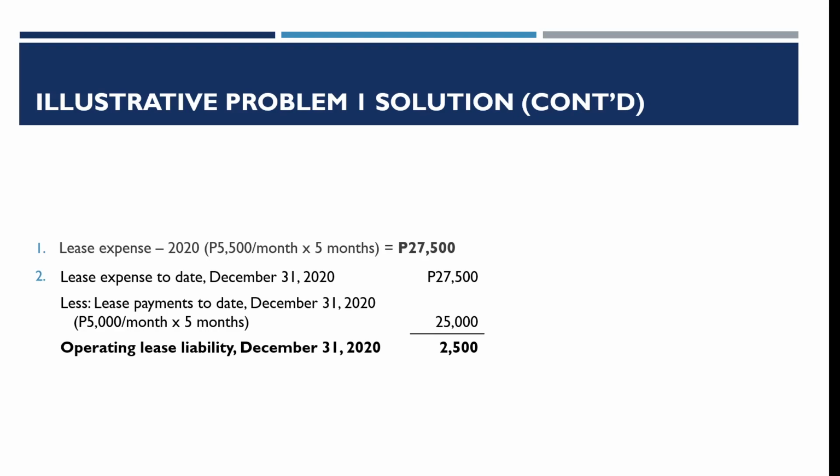Then, kindly compare that for the lease payments made as of December 31. So, since nasa first 6 months pa lang naman tayo, puro 5,000 per month pa lang nababayaran natin. So, that is 5,000 times 5 months, 25,000. Magkano ang utang pa natin sa dulo? May 2,500 lease liability. Alright?